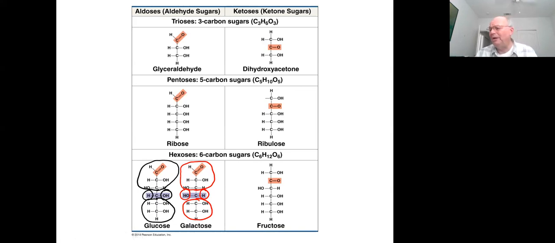So there's a whole family of enantiomers based on this basic aldose 6-carbon structure. And likewise with fructose, these 2 carbons are not asymmetric, and this carbon is not asymmetric, but this one, and this one are.